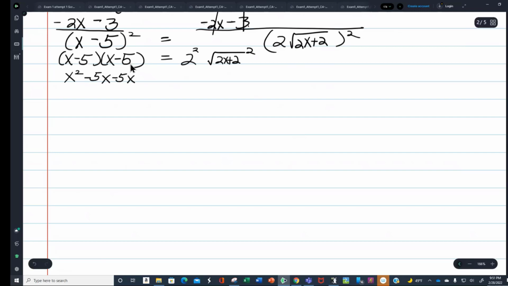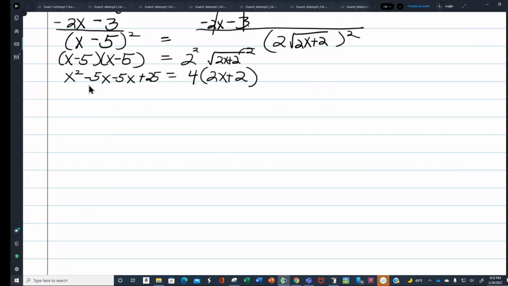And minus 5 times minus 5 is plus 25. And over here, 2 squared is 4. And the square root and the square cancel each other out. And we're left with 2x plus 2. Yep.